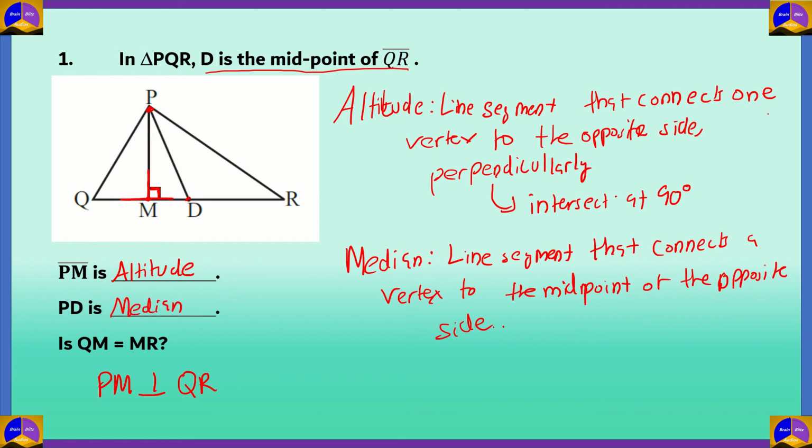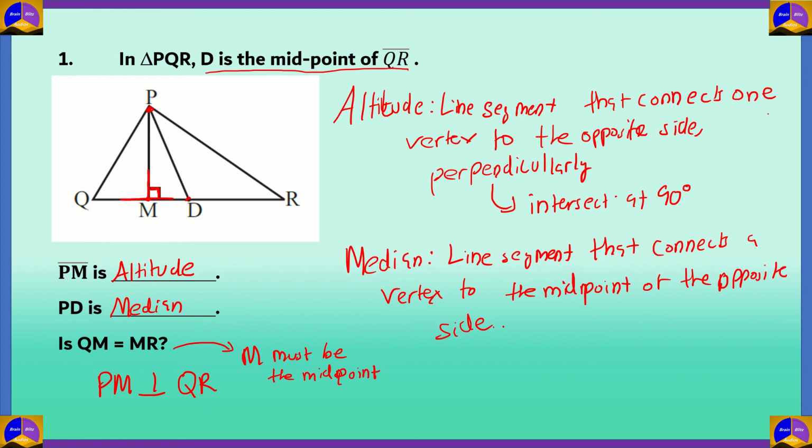Now let's look at the next question. Is QM equal to MR? For this, let's look at QM and MR. M is in the middle. So for this to be true, M must be the midpoint. Midpoint of what?